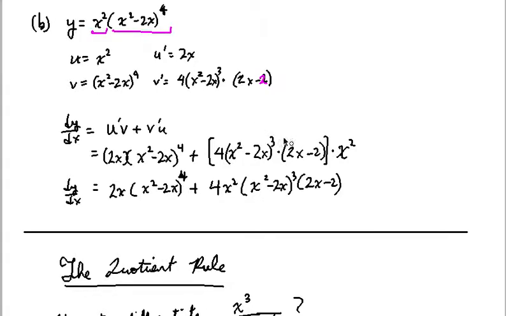Make sure you're staying very organized and neat, and try to logically explain all of your steps so that it's clear both for you and for me what you're doing. So I put my v prime in, and then I put my u in, and I get x squared, and then I just simplify. You don't need to simplify everything.